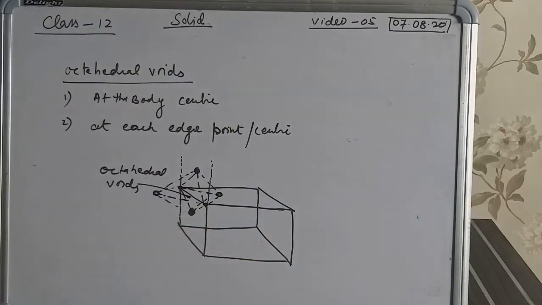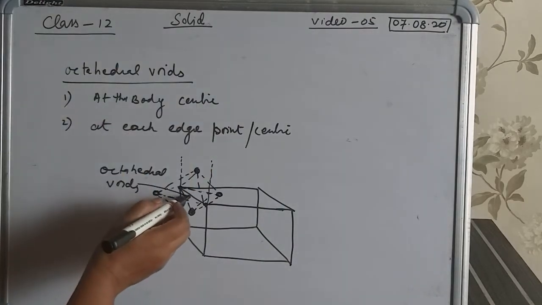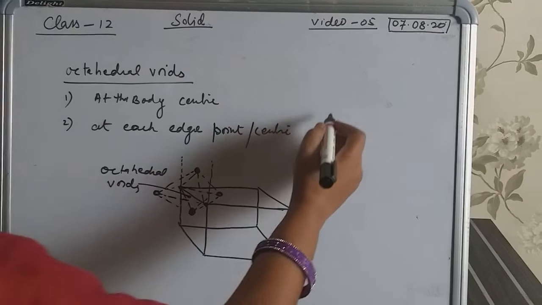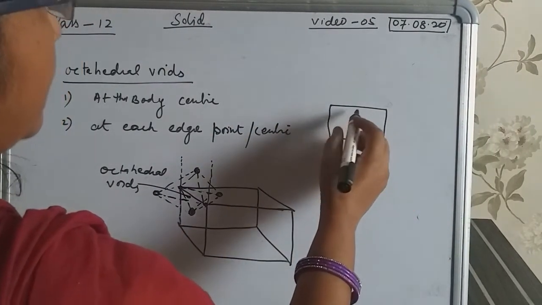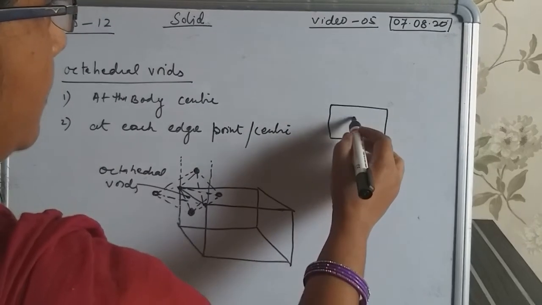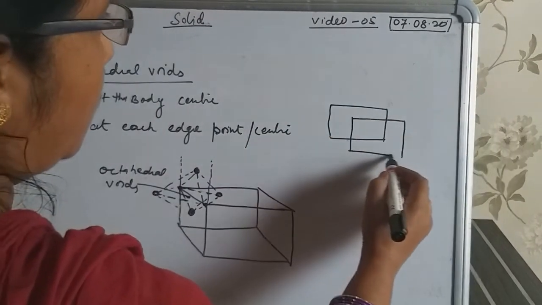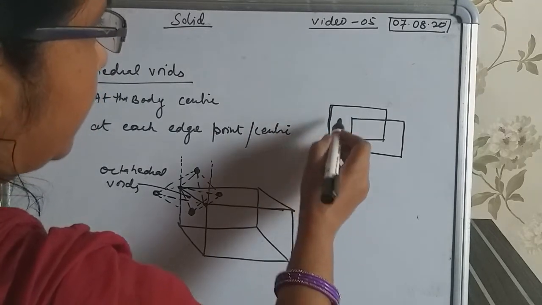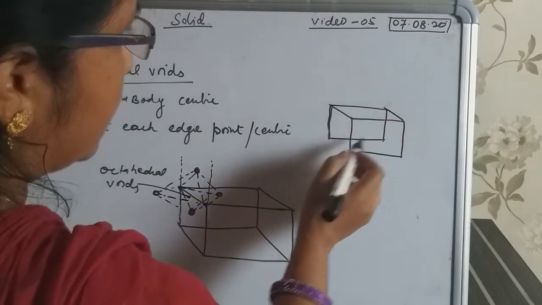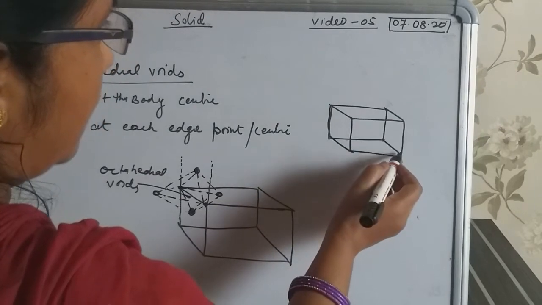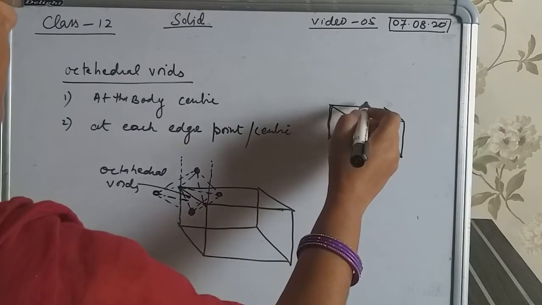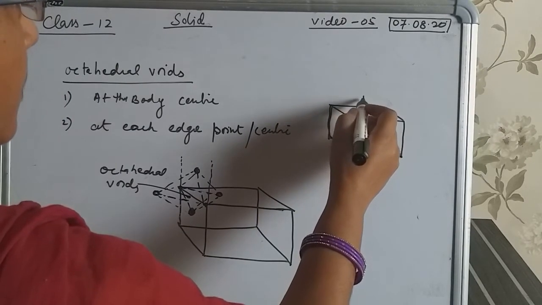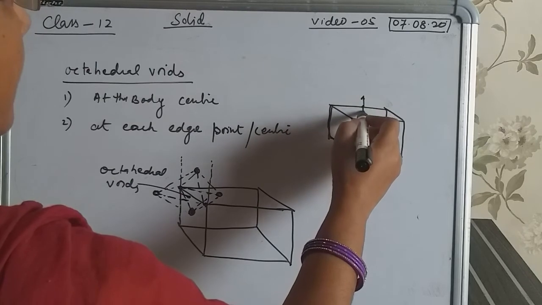Simply in all the faces you can draw at the body center. This is formed at the edge. I'm again trying to explain. Suppose this is a cubic unit cell and this is the edge.